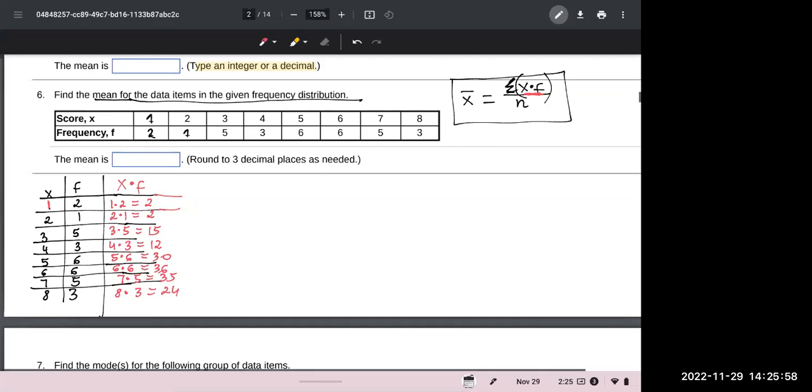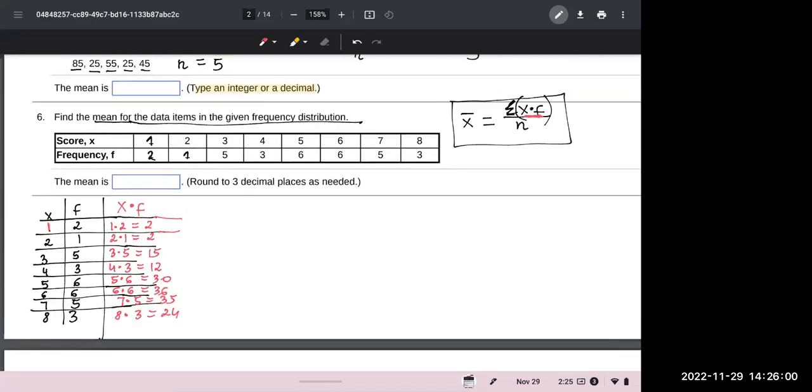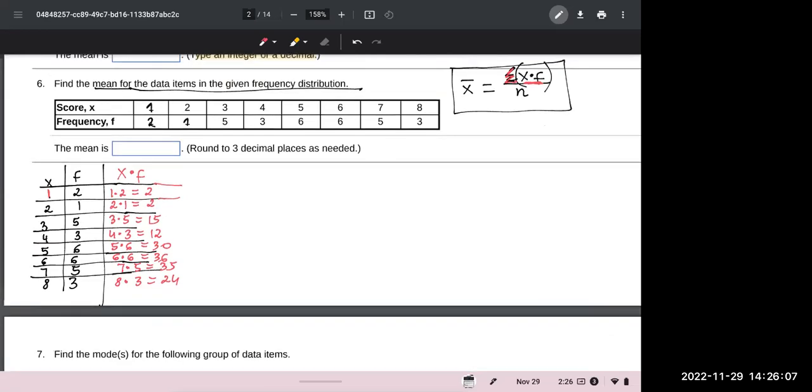In the formula, we have this symbol, sigma, which means add the products. So when you multiply each value by its frequency, to calculate sigma x times f, we add those products together.